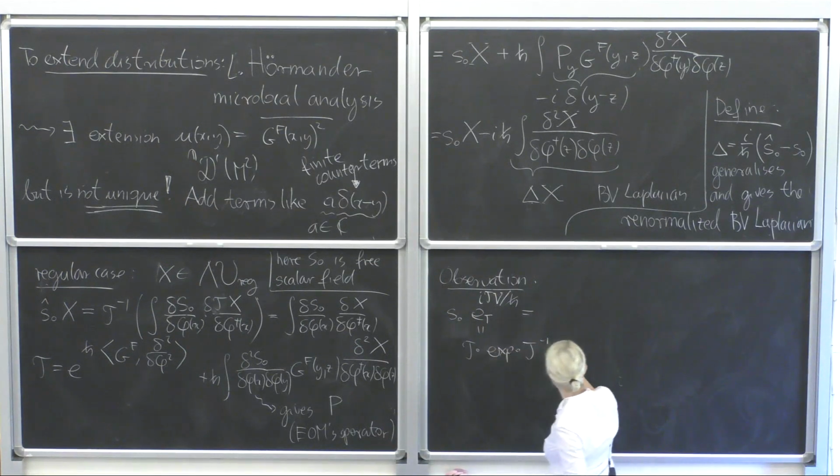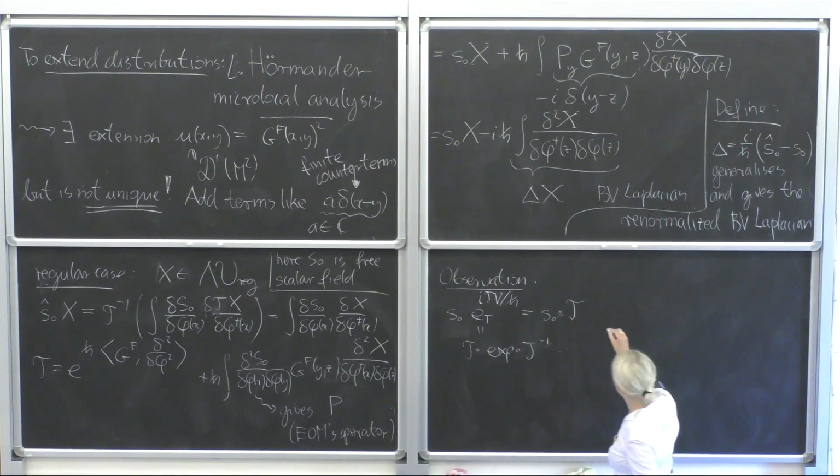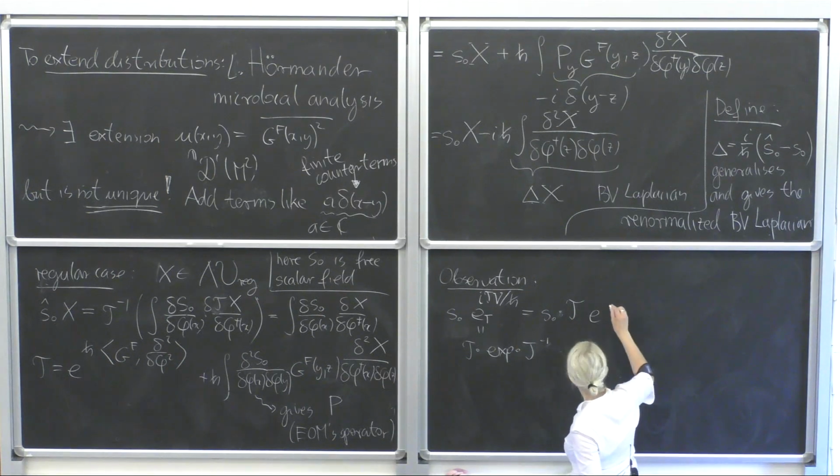If I use that, this T minus 1 cancels this, and then I will have S0 composed with T, and then the ordinary exponential, e to the iV over h bar.